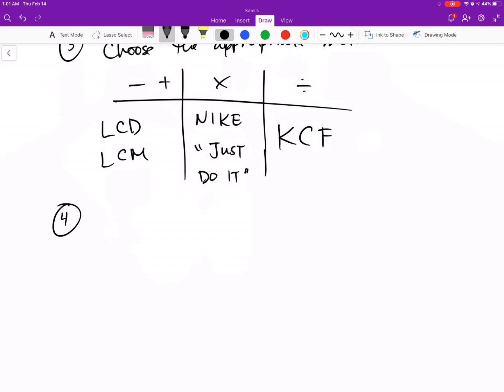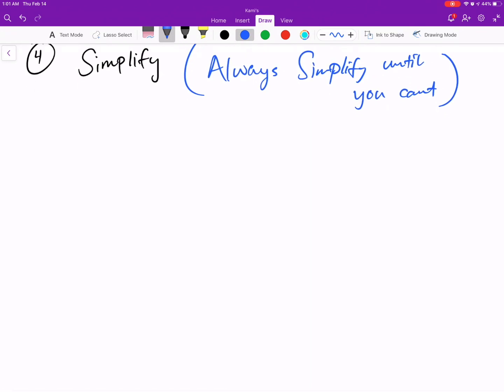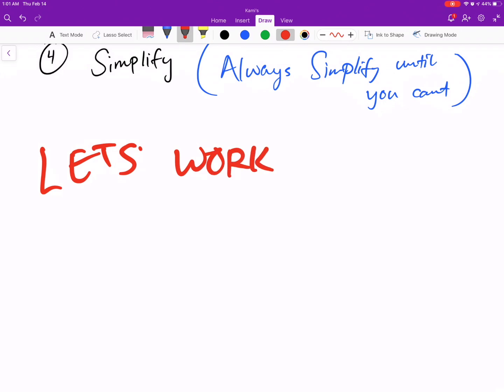And lastly, we always simplify. Alrighty? Always simplify until you can't. Okay, so let's work on some problems.